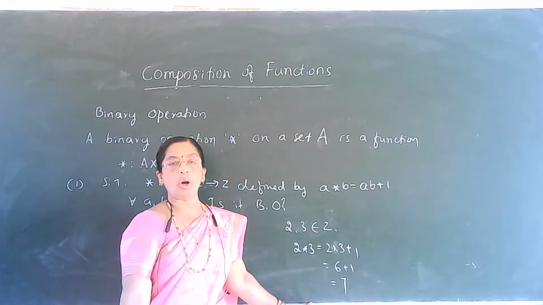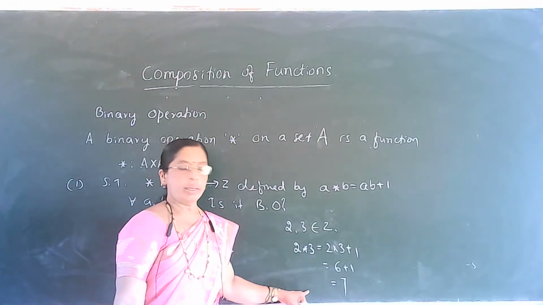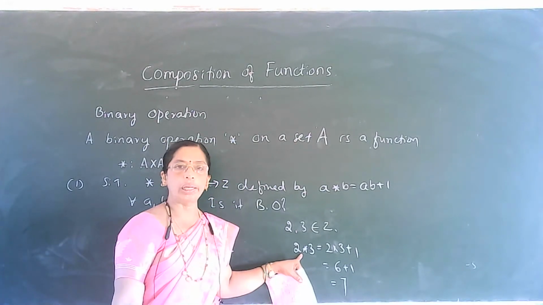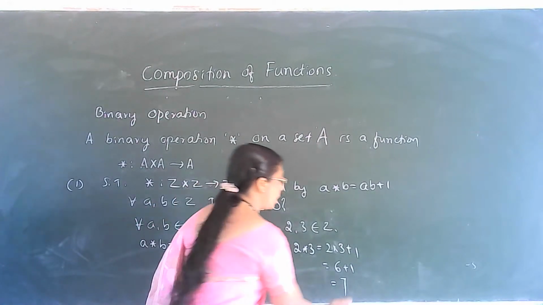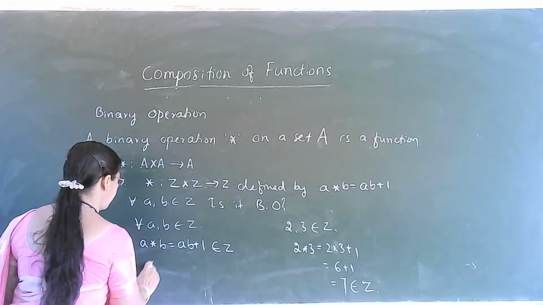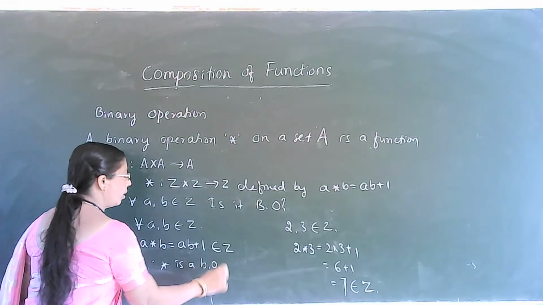Take any two elements of Z, and we get an element belonging to Z itself. Therefore star is a binary operation.